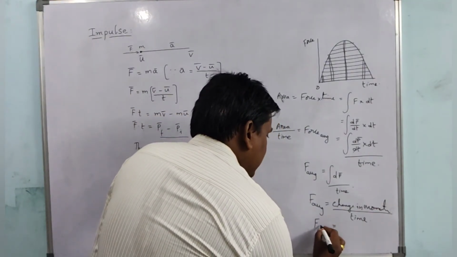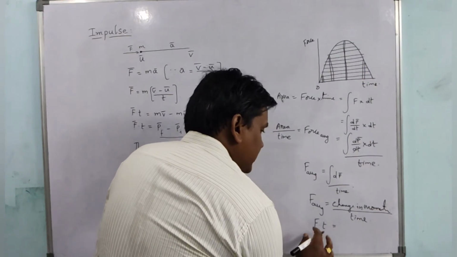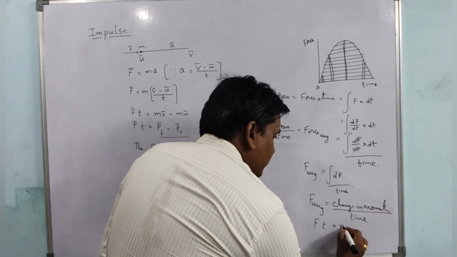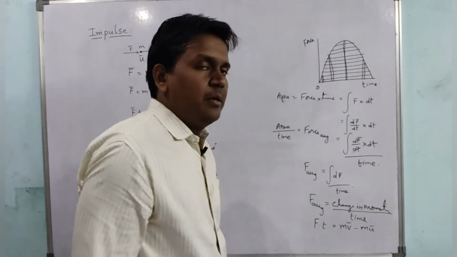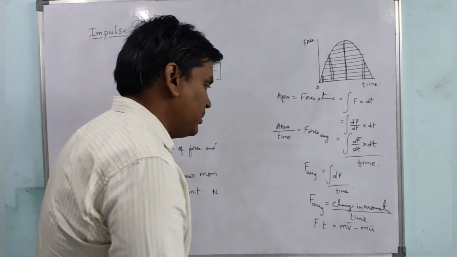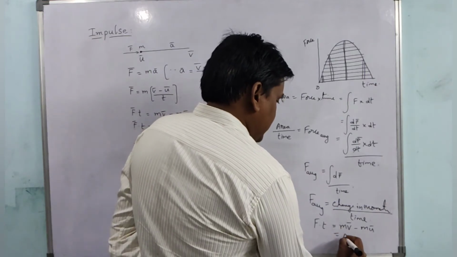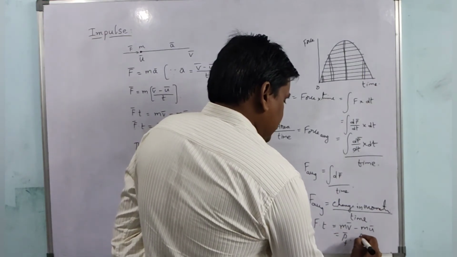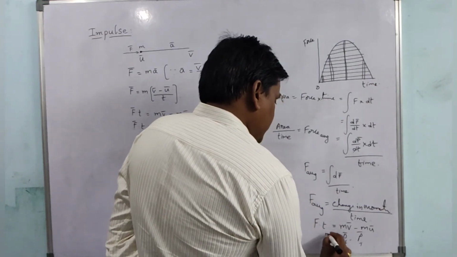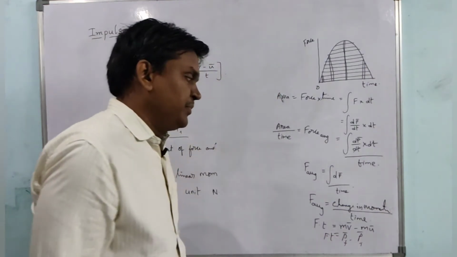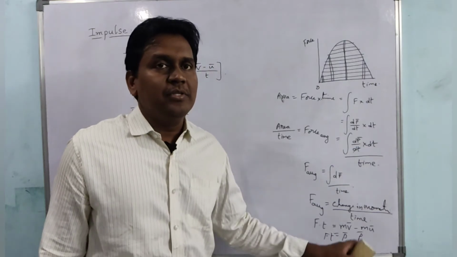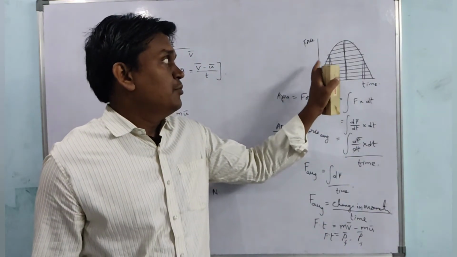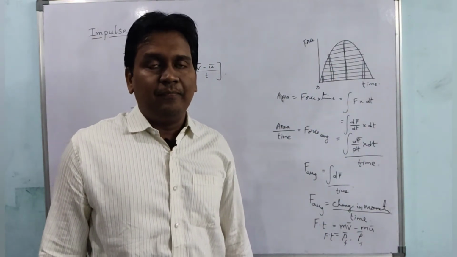Or we can write it like this: if we bring time to this side, force into time equals mv bar minus mu bar. Change in momentum is nothing but mv bar minus mu bar. Or we can write p bar f minus p bar i, which equals force into time. So this is called impulse. We can find impulse by using the area under the force and time graph.